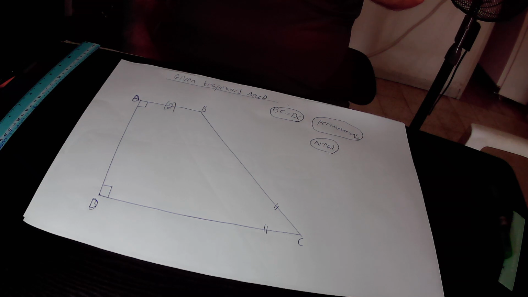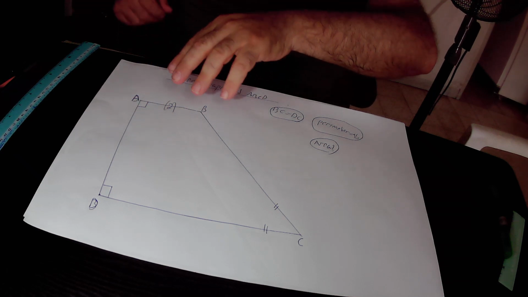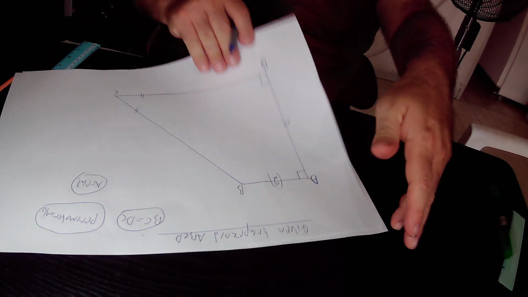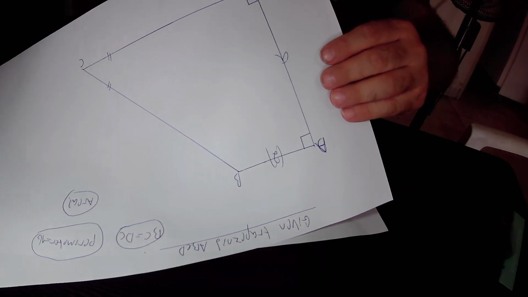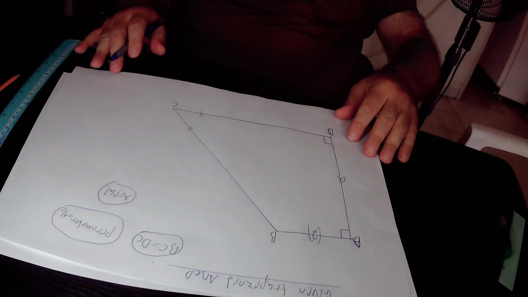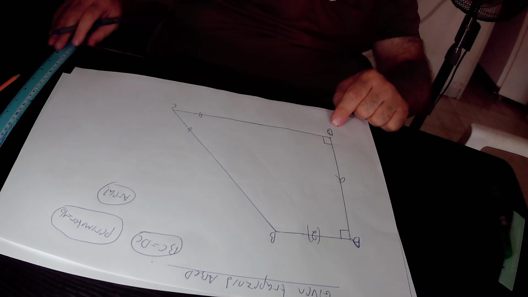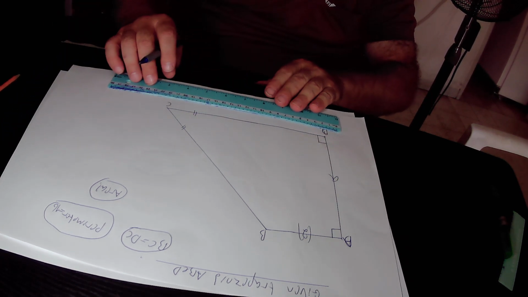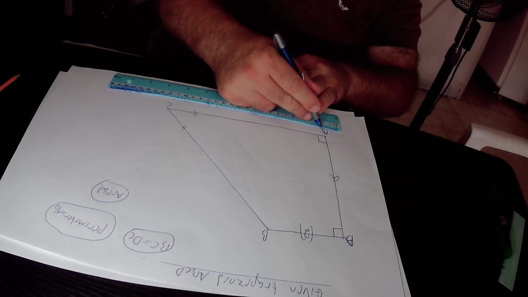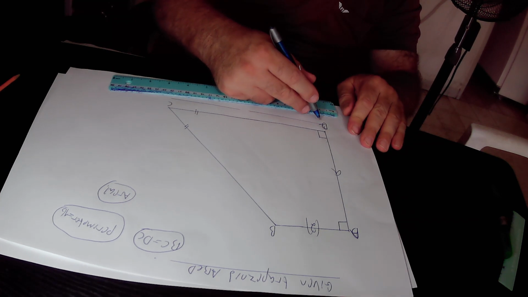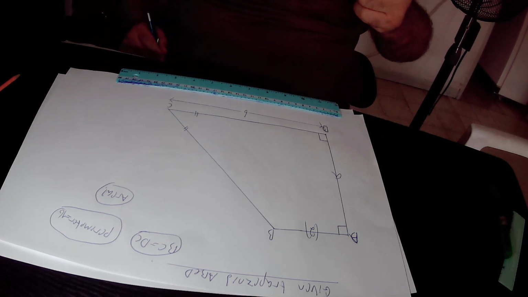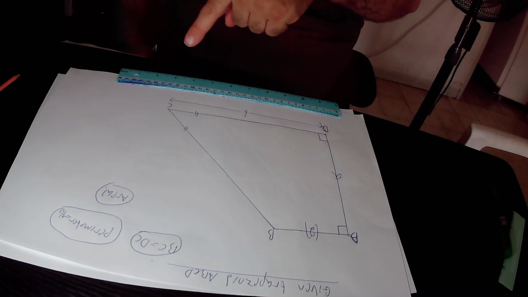So first of all, we define the length of side AD as A. And we define the length of side DC as B. According to what is given in the question, side BC equals side CD in length.